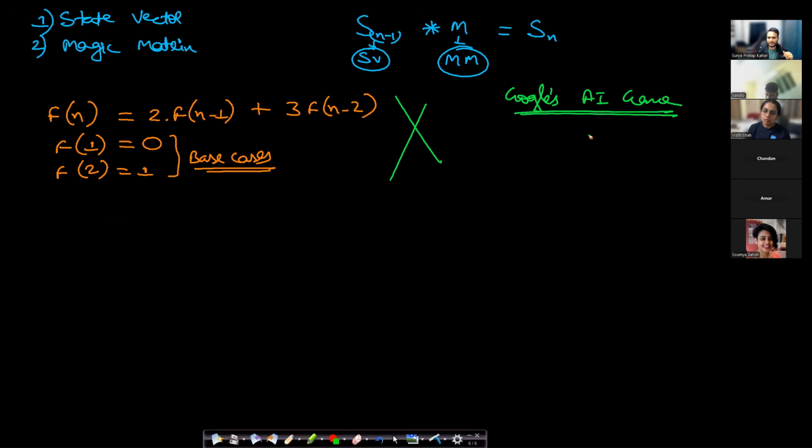And I will say that in this game, if you want to maximize your profit, if you want to always make an optimal move, then you can do that by looking at 2 times f of n minus 1. If you look at this value and you take 3 times f of n minus 2, then you will be able to make maximum profit, or make such a move on your board so that nobody can cut you or damage you, or you can score the highest score with maximum safety.